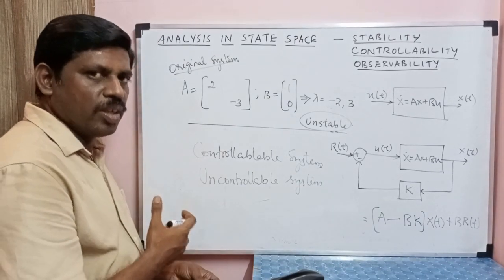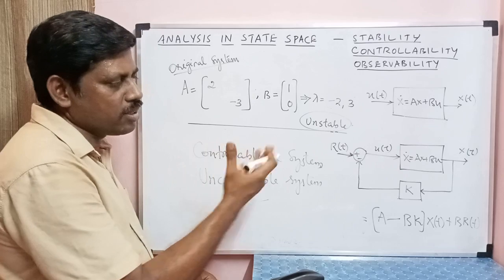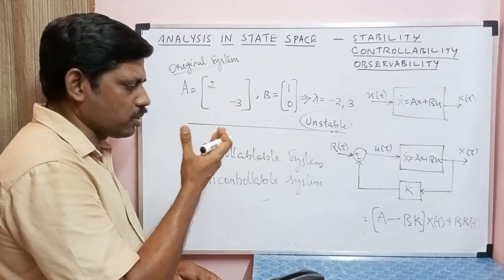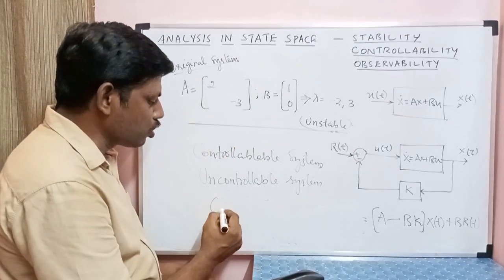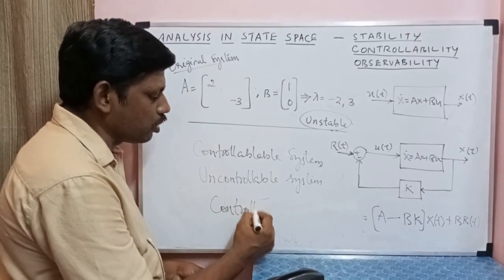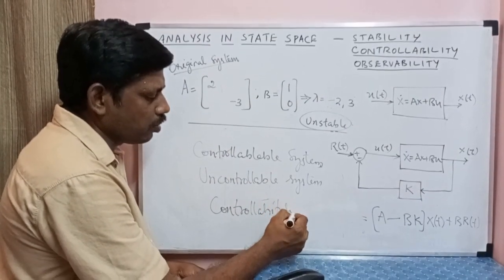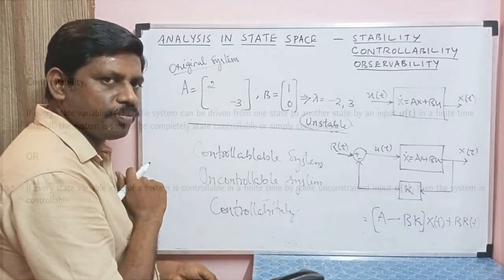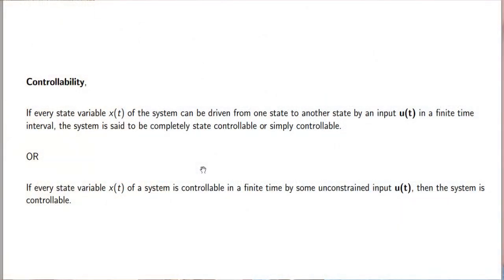Now the condition whether I can design a state feedback controller so that I can make the system controllable is what is known as controllability. Therefore, we define controllability as: if every state variable x(t) of a system is controllable in finite time by some unconstrained input u(t), then the system is controllable.